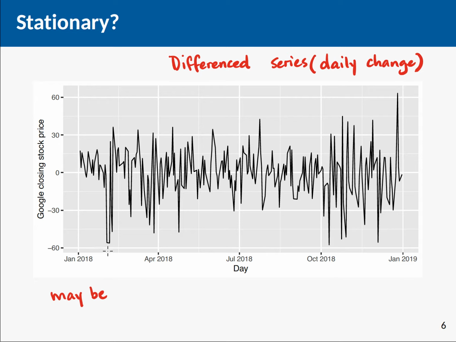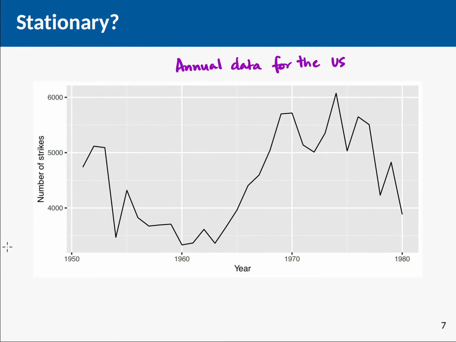So this period right here looks pretty volatile, and this period here looks very volatile, versus these periods, which don't look as volatile. So maybe this is stationary, maybe not, but there are sophisticated tests that we can use to understand whether the Google stock price daily change is stationary or not.